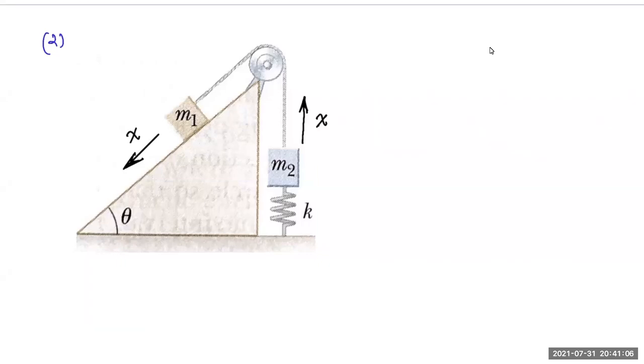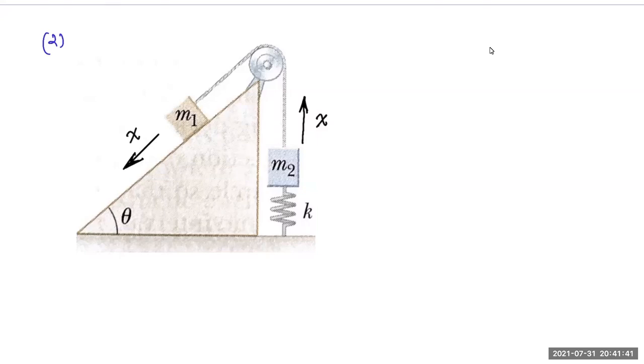After they both go a distance x, so M1 goes down the slope by distance x and M2 goes up by distance x, I want to know how fast both blocks are moving. I want to know the speed v. I also want to know the value of x such that the speed will reach a maximum value in the subsequent motion. So I'm looking for the moment where they both reach the same maximum speed.